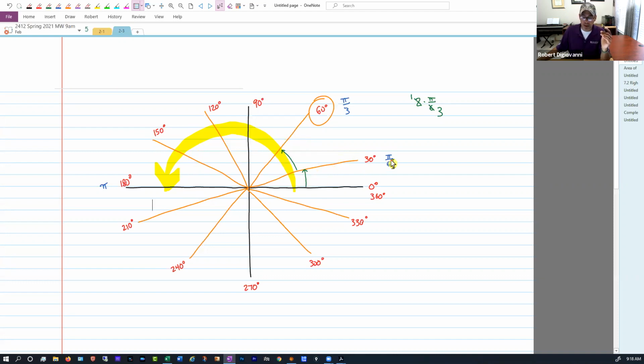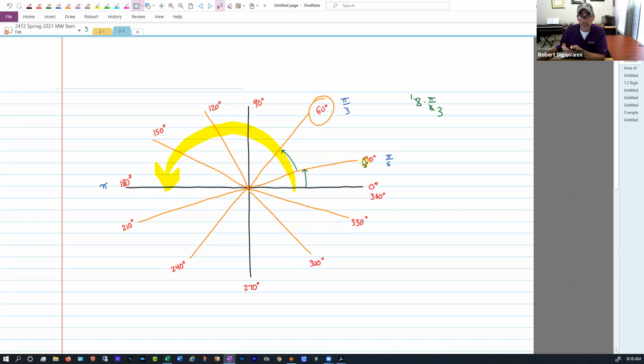So we're taking that yellow rotation and cutting it into 6 equal pieces. So it's whatever this is, which is pi, divided by 6. Another way to look at it is, how did we get 30? Well, it's 180 divided by 6. If you take that and divide it by 6, you get 30.